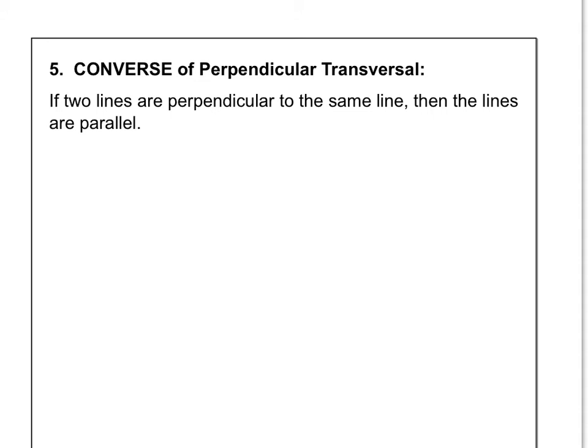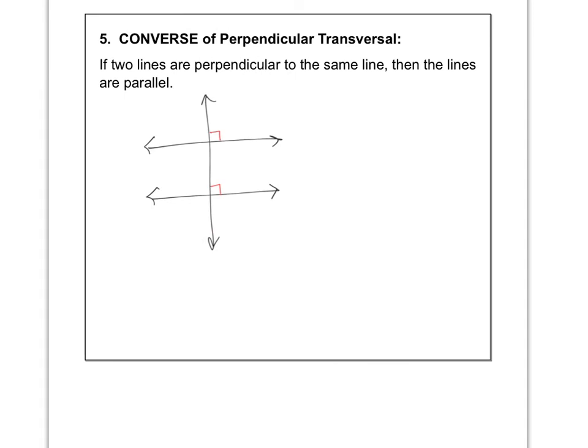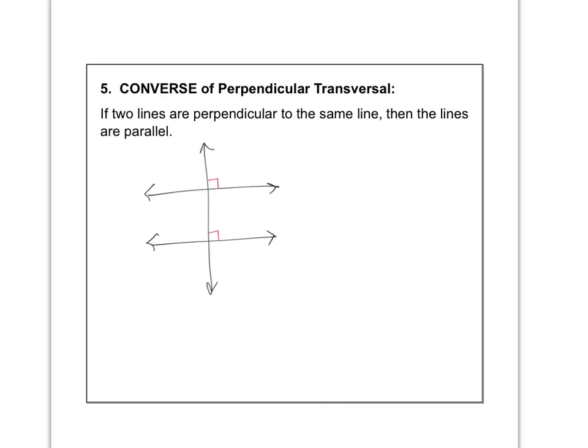Number 5, if two lines are perpendicular to the same line, then the lines are parallel. Go ahead and draw your two lines, but this time when you draw your transversal, you want it to be perpendicular to the two lines. We can still label A and B. In fact, let's label this other line C this time.